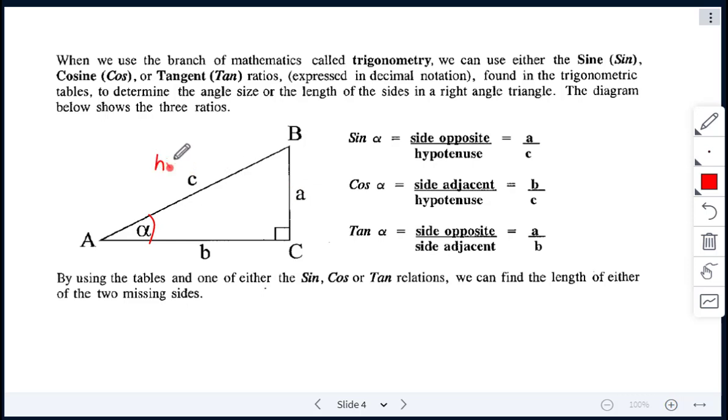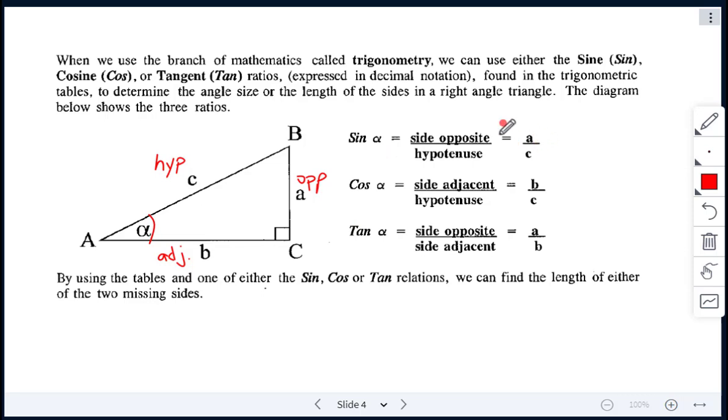This is our hypotenuse, this is our opposite, and this is adjacent, based on this angle alpha. Again, right across the right angle is the hypotenuse, across from alpha is opposite, and beside the angle is adjacent.